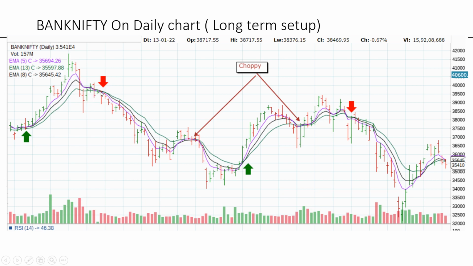The sell signal formation happened at somewhere around 40,000 or so. Still, from 37,500 to something around 40,000, that is around a 2,500 point gain on Bank Nifty within a period of less than a month.